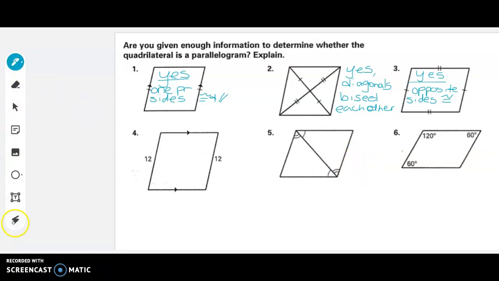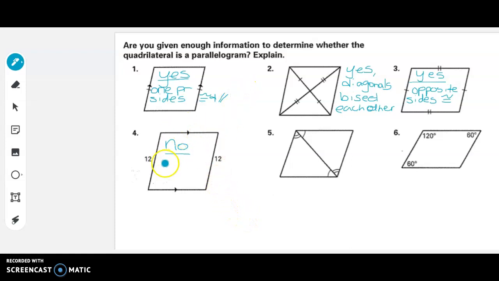Okay, let's look at the next one. I see I have a pair of parallel sides, and I have a pair of congruent sides. Well, I know we used this one before, but they were both on the same set of sides: one pair, congruent and parallel. Now I have them on different sides. So we don't have a property for that one, so that's a no. We do not have a parallelogram.